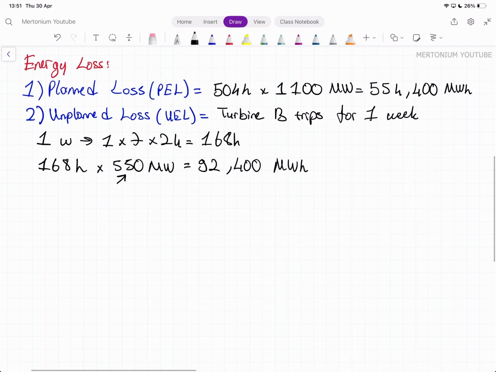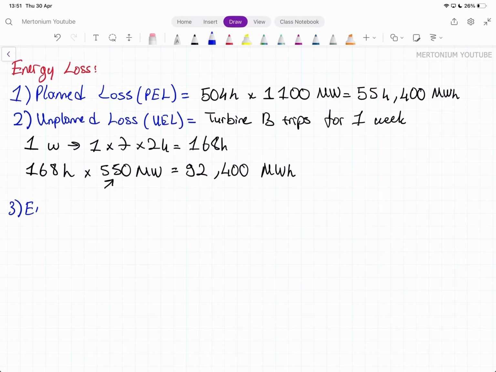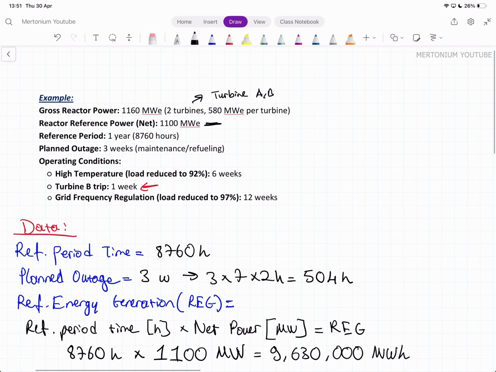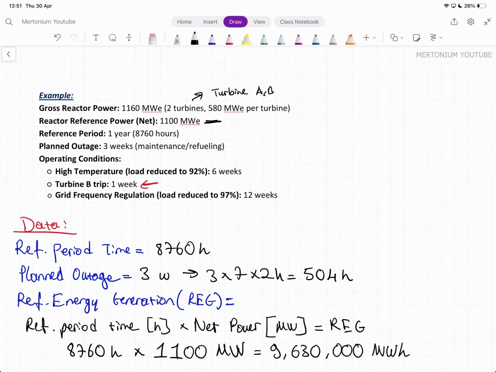All right. So the third category of the losses is the external losses. And what does it mean, external losses? I think it's XEL. Yes. So here, if we go back to our example, we know that there was a high temperature.